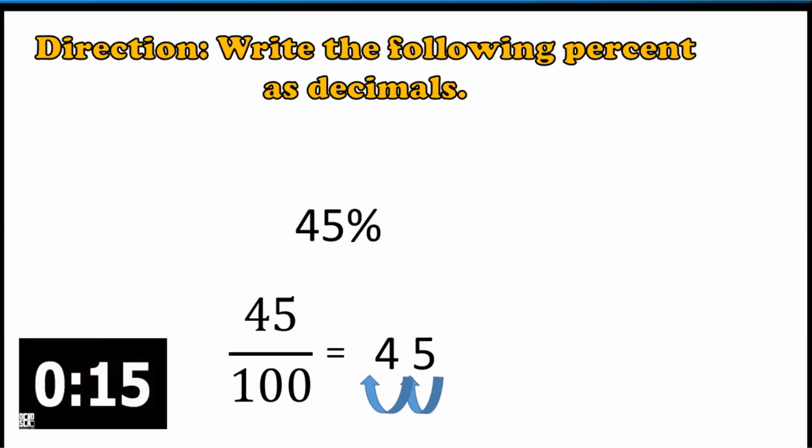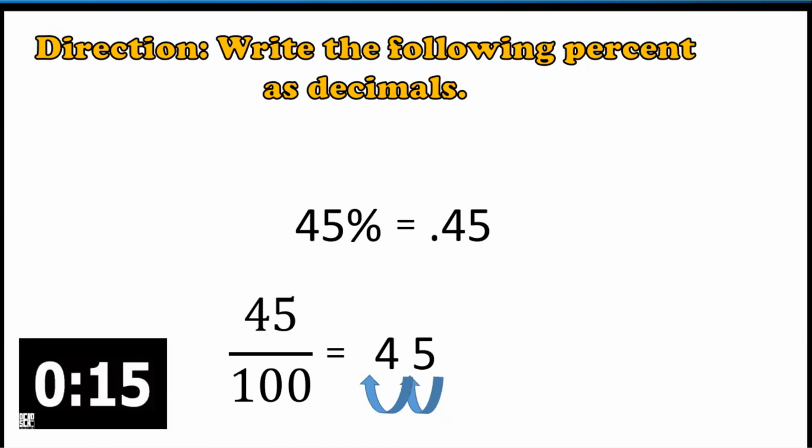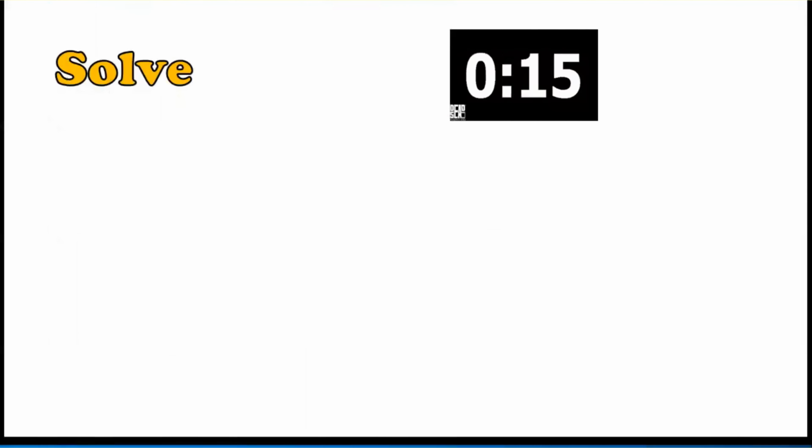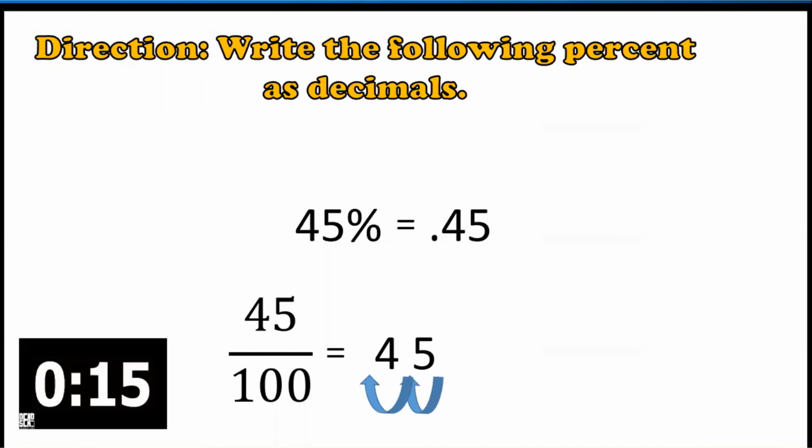So pag minove na natin yung decimal point ng dalawang beses, mapupunta ang decimal point sa left side ng 4. So magiging 0.45 na po siya.